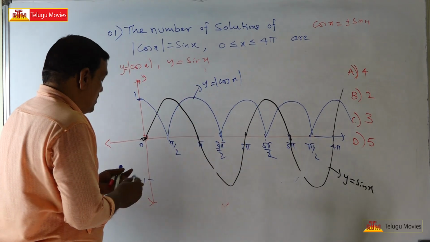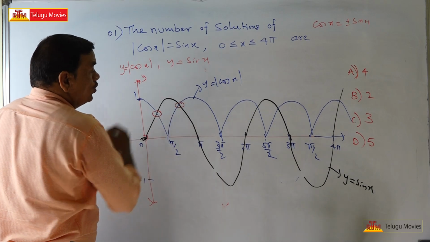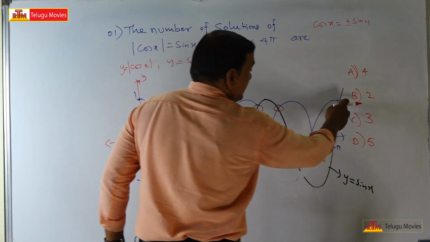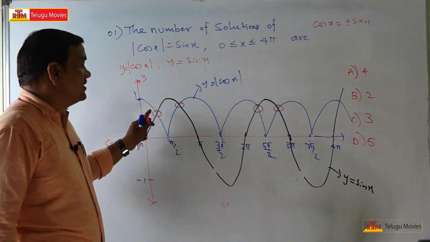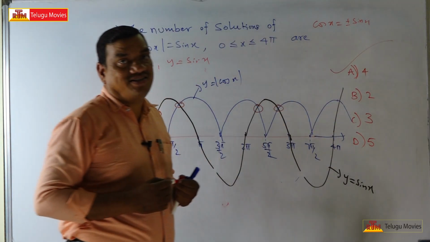If you observe, they are intersecting here: 1, 2, 3, 4. The other intersection is beyond 4 pi. So how many points are there? 1, 2, 3, 4. So 4 is your answer.